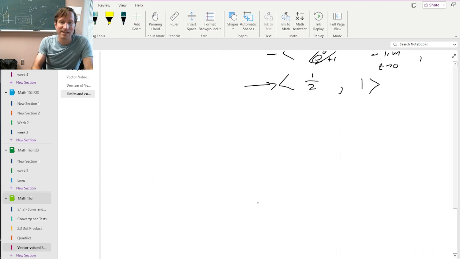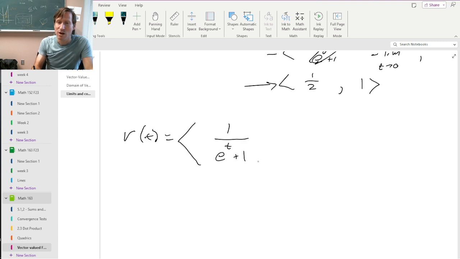So to write down a full formula for our vector valued function, the x-coordinate function we don't have to change at all because it was fine. All we need to do is change the y-coordinate function. As long as t isn't 0, we can use the formula we had before, which is sine of t over t.